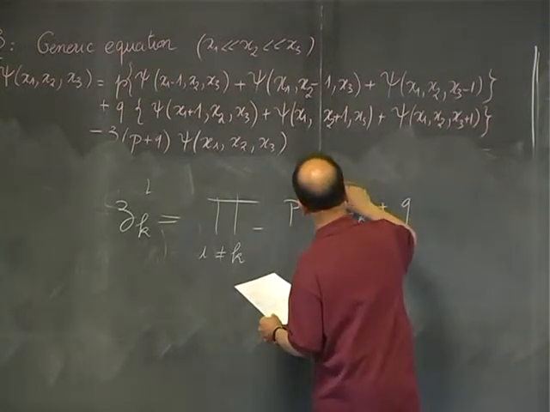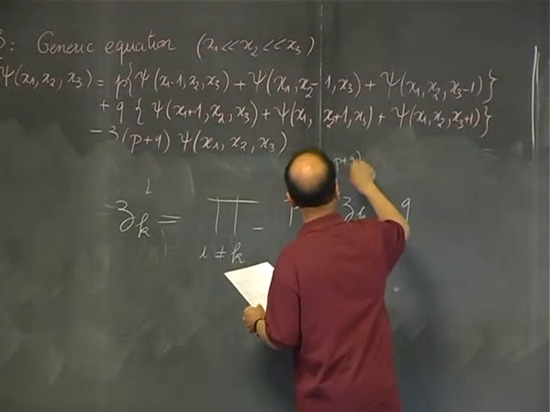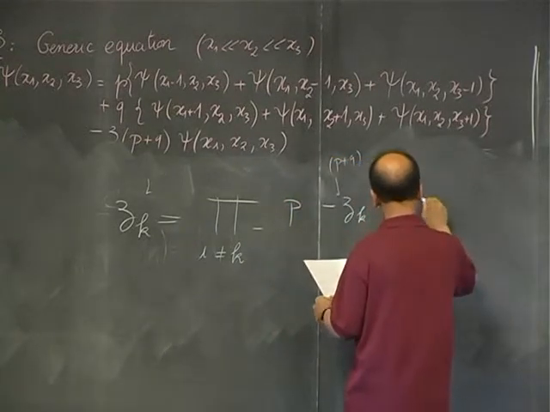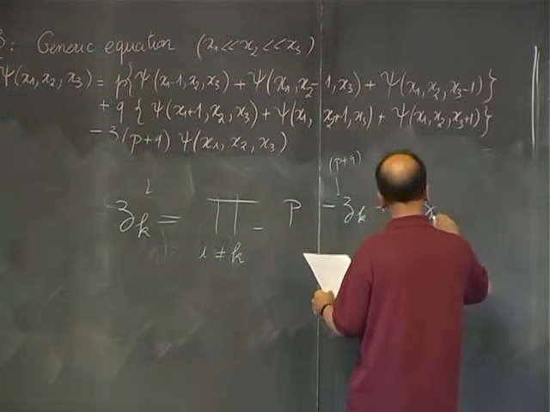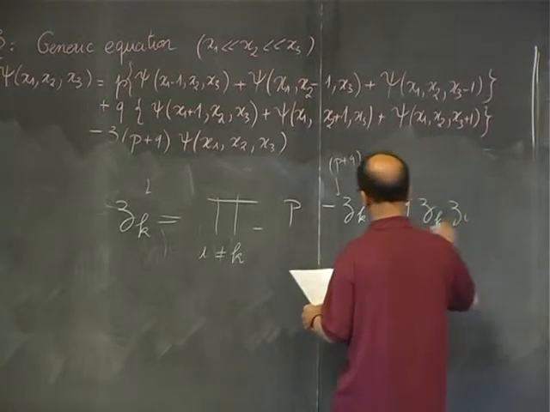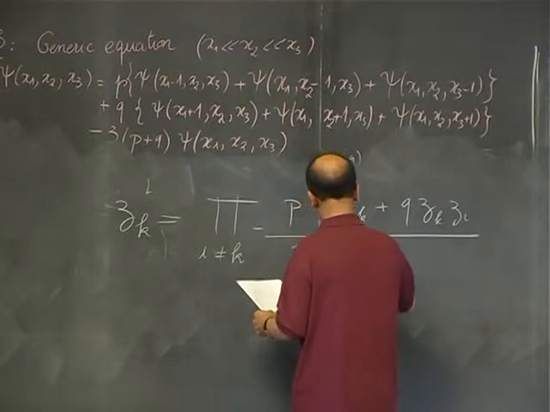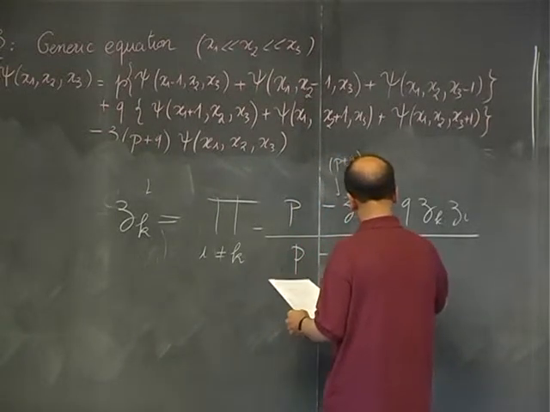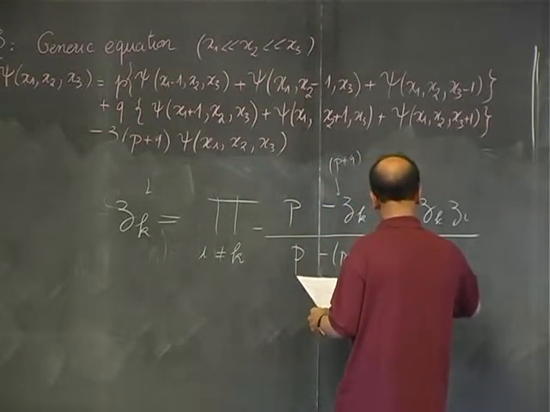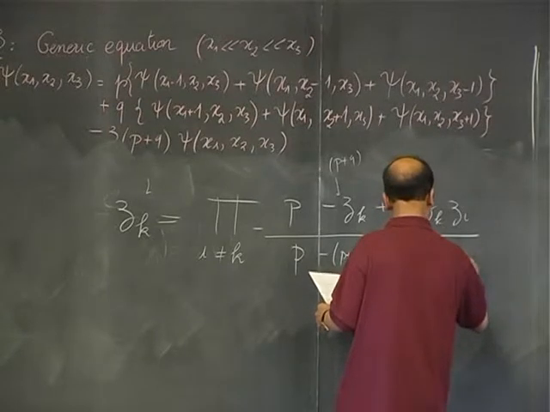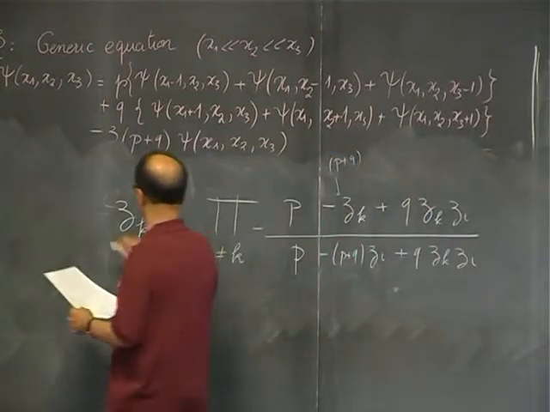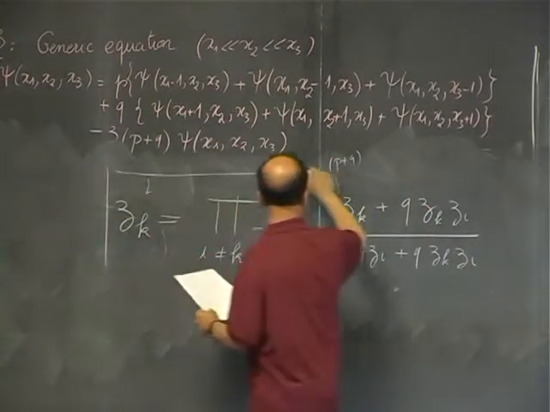So again, I take P plus Q equal to 1 here. So these are the general Bethe equations.